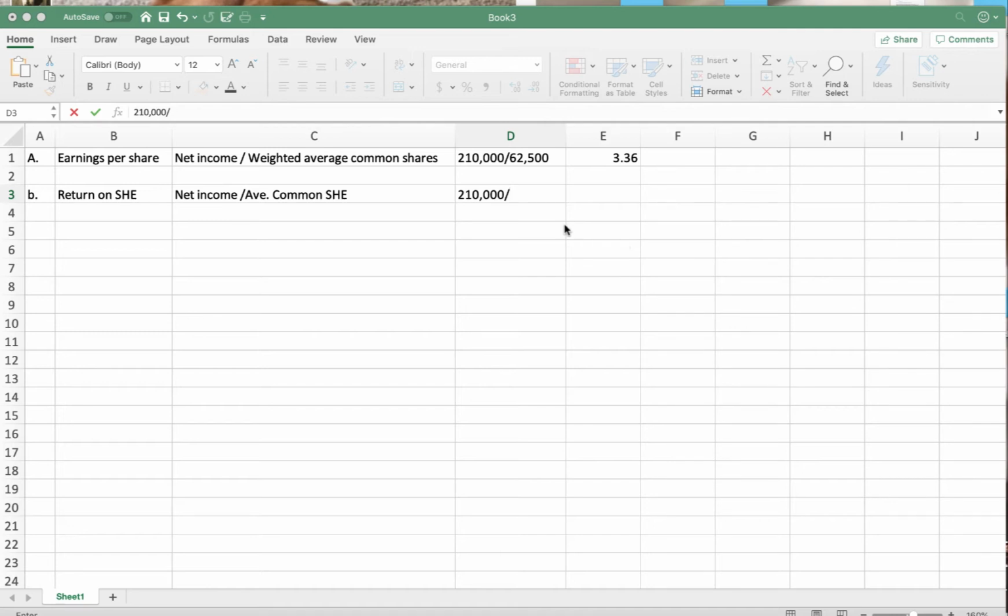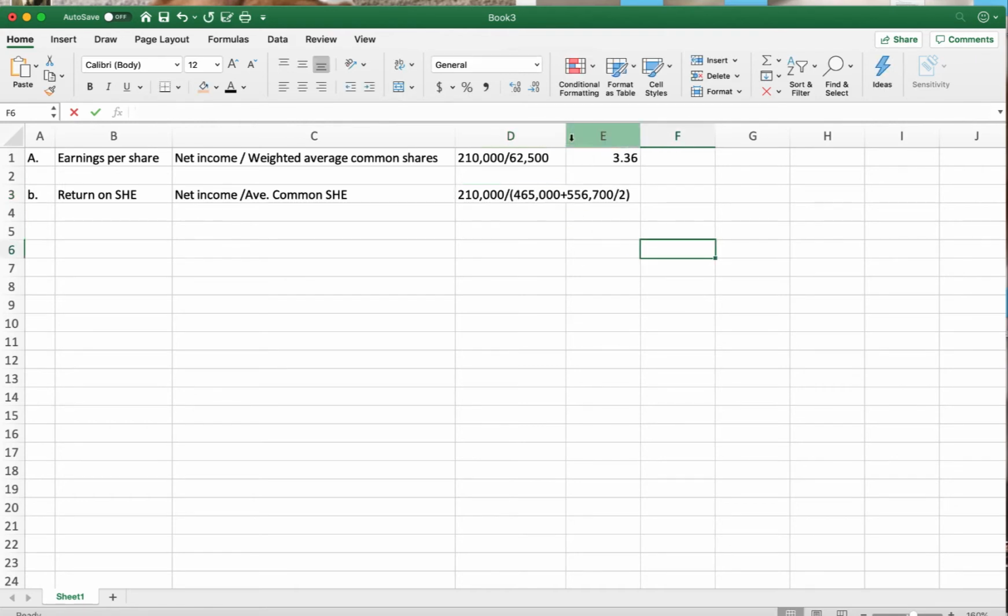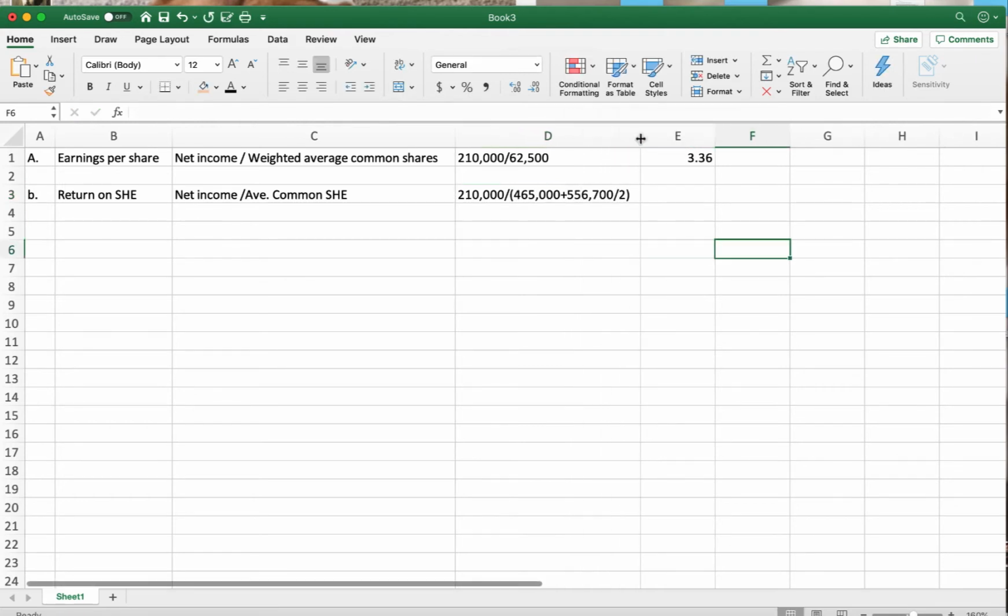So to figure out the average shareholders' equity, I need to add both of those up and divide by 2. So I'm going to say 465,000 plus 556,700 divided by 2. That is my calculation.